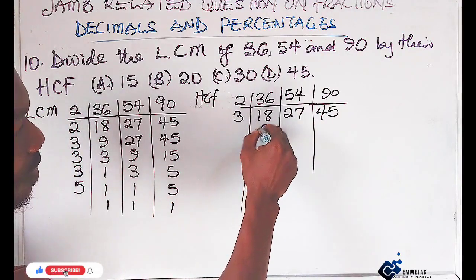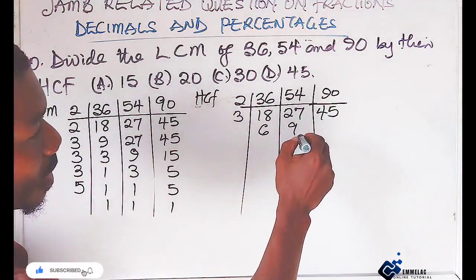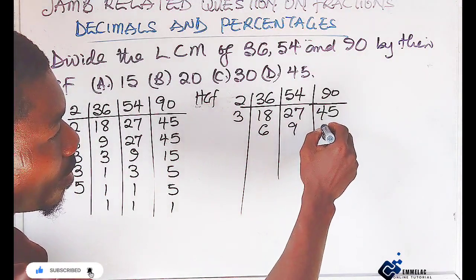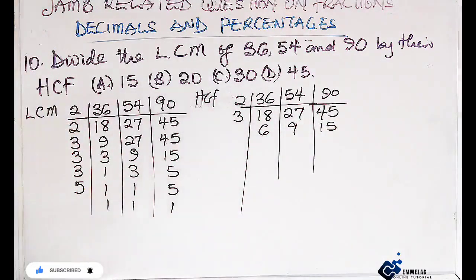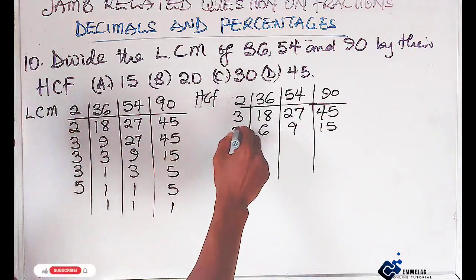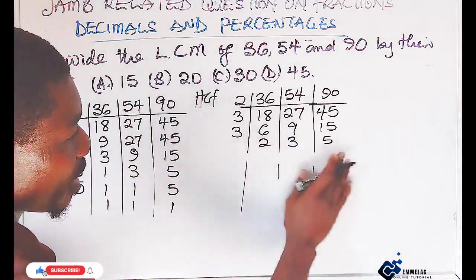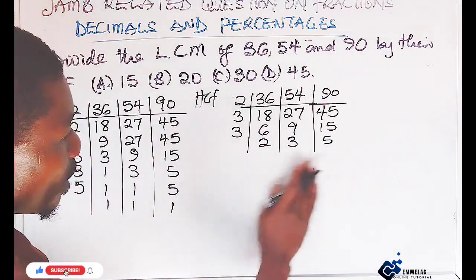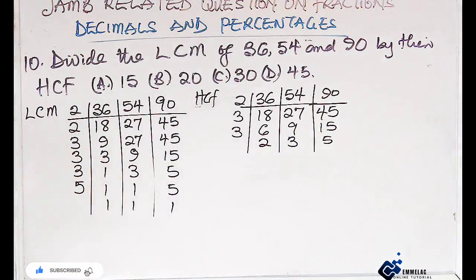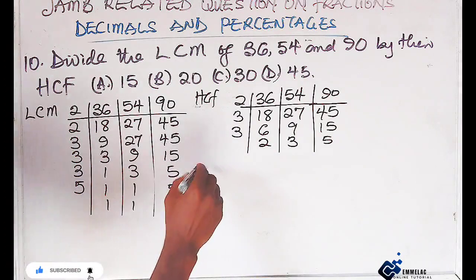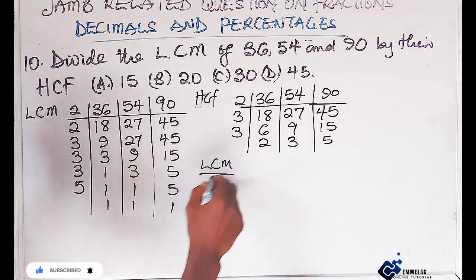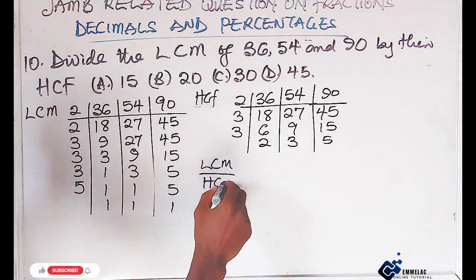So here you have 6, here you have 9, here you have 15. Now I guess 3 can also go again. Here you have 2, 3, and 5. Now nothing else can go, and we are told to divide LCM by HCF. So here you have LCM all over HCF.